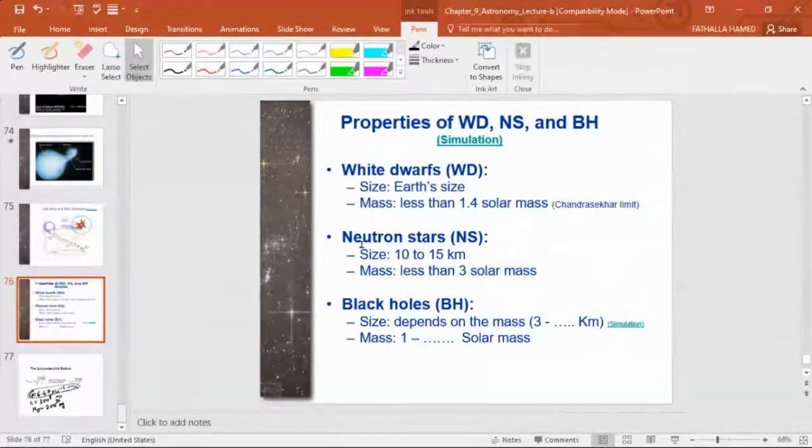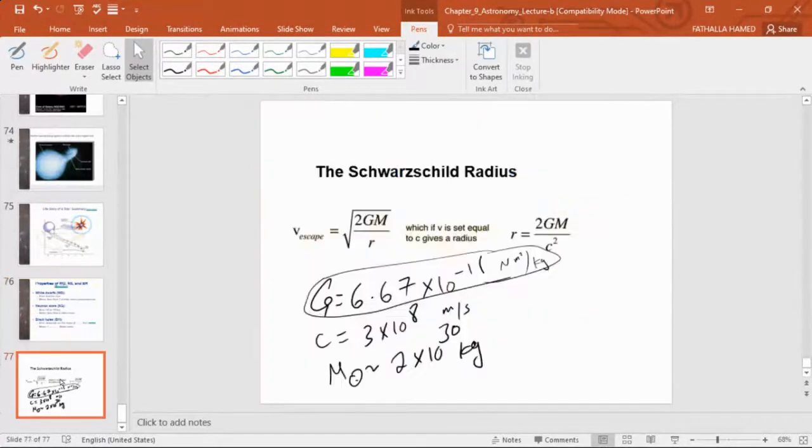And we said we may end up as a neutron star, which comes to the size of a city, so it becomes very small, and it can go all the way up to 3 solar masses. And it may actually result in a black hole. And a black hole is something that's very dense, so it will become very small. And that's in the event of very big stars.